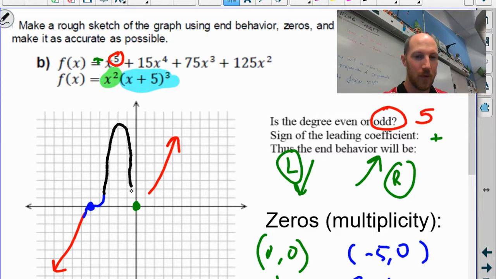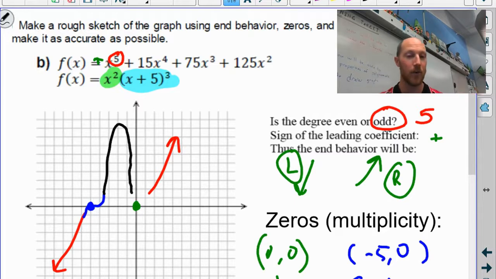We'd have to use the table of values to find out, but somewhere it's going to have to turn around. So there's going to be a local max up there someplace. It's got to turn back around and come down to hit the green dot. And then the green dot is supposed to make a U shape. And that is perfect. That U shape will connect the part of the graph where the local max is to the end behavior, and that means everything works out just well.